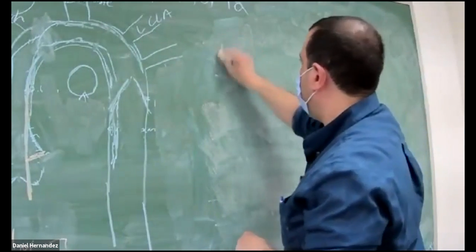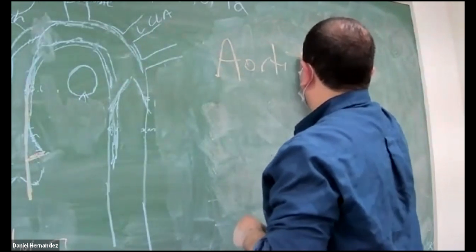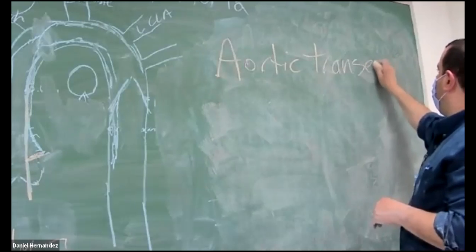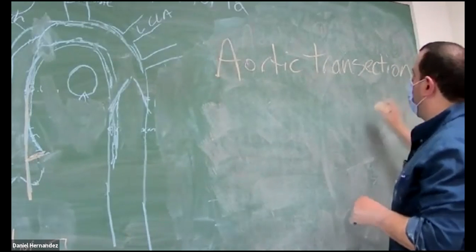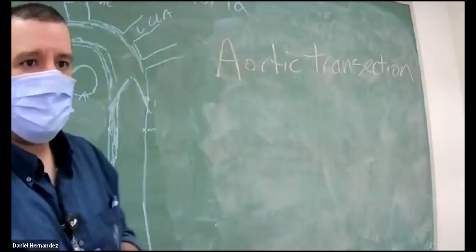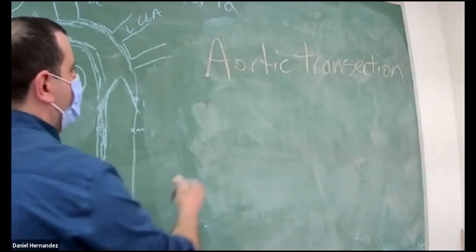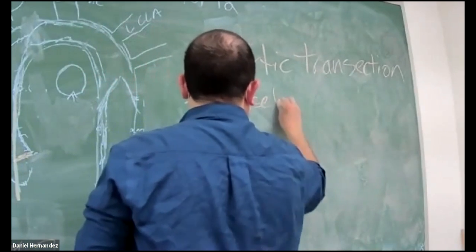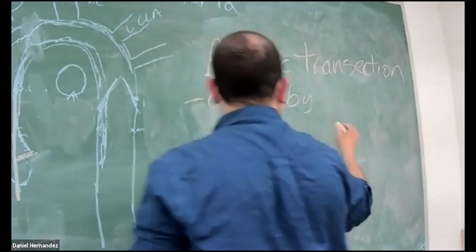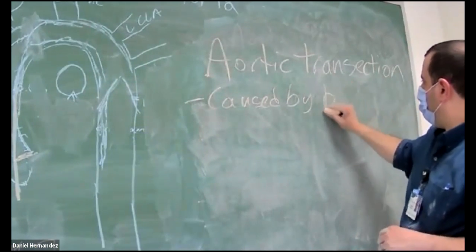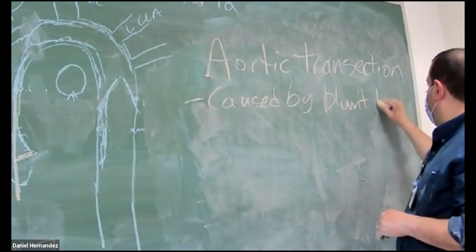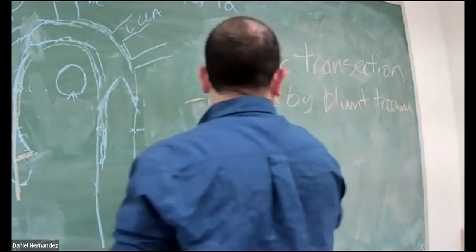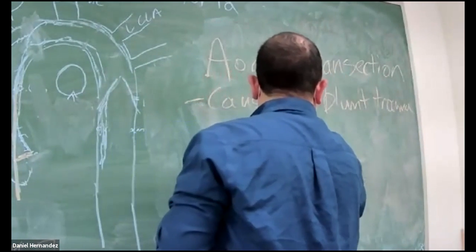So this is aortic transection. Caused by blunt trauma to the chest.